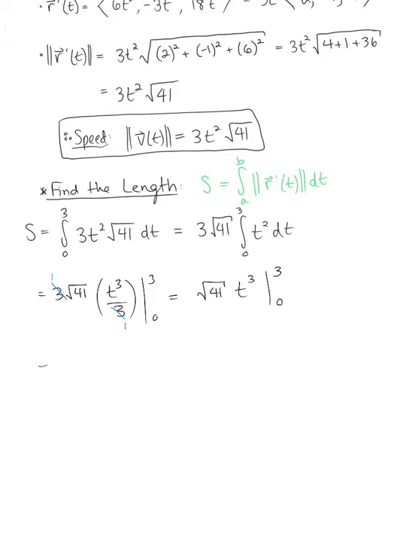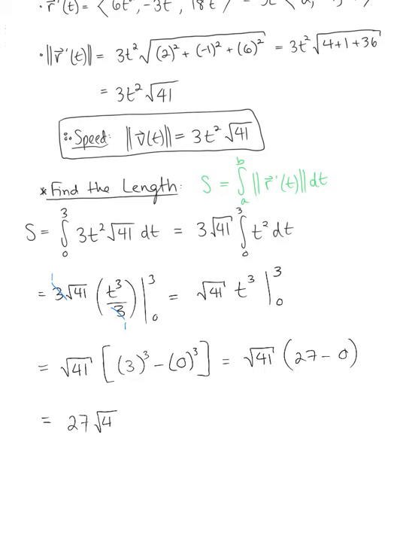I'm going to keep that square root of 41 on the outside, multiplied by 3 cubed minus 0 cubed. So I have the square root of 41 multiplied by 27 minus 0, which leaves us with a beautiful final answer of 27 times the square root of 41. And since this is our length, we want to make sure that we add units.